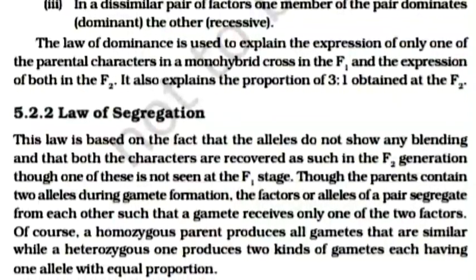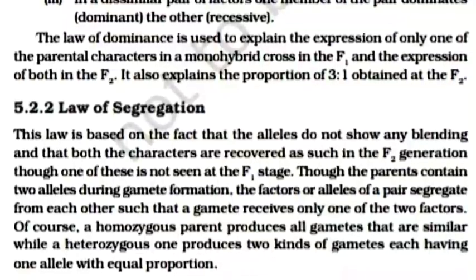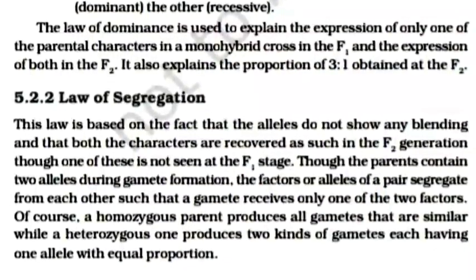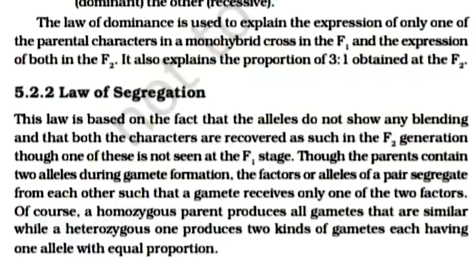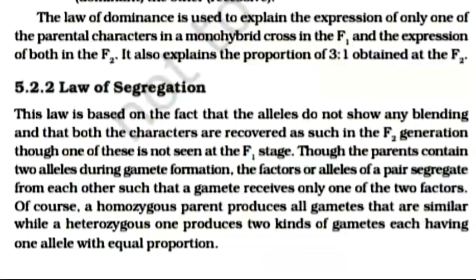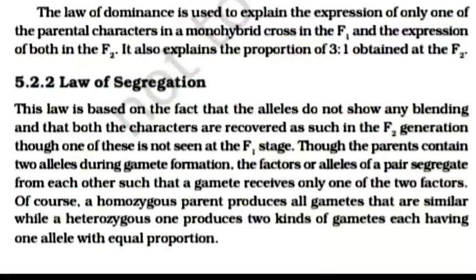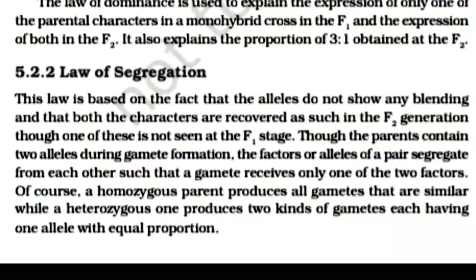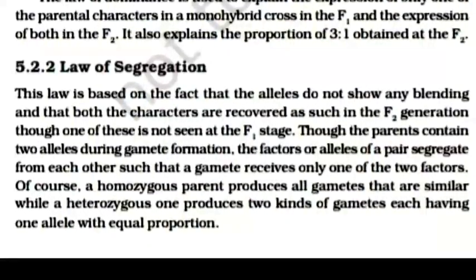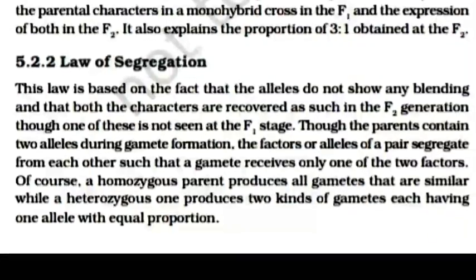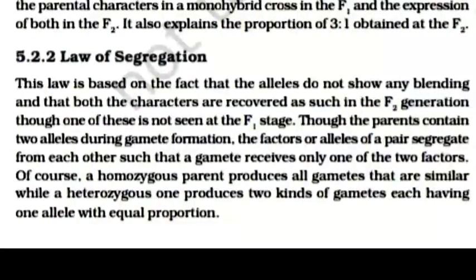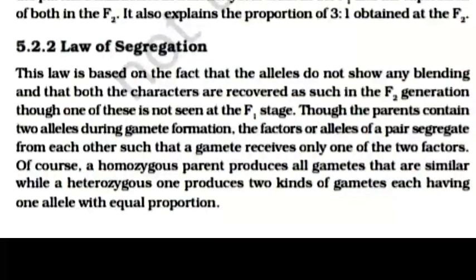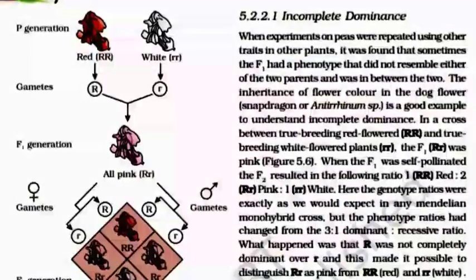Though the parent contains two alleles, during gamete formation the factors or alleles of a pair segregate from each other such that a gamete receives only one of the two factors. Of course, a homozygous parent produces all gametes that are similar, while a heterozygous one produces two kinds of gametes, each having one allele in equal proportion.